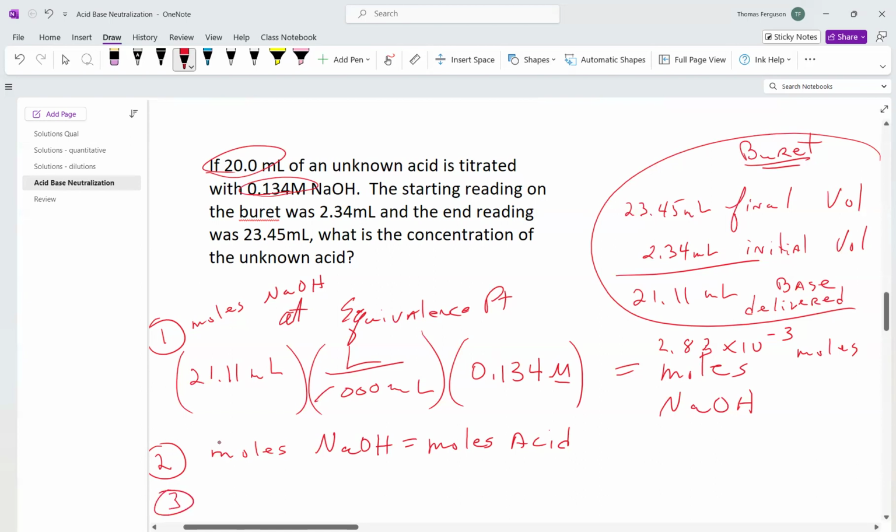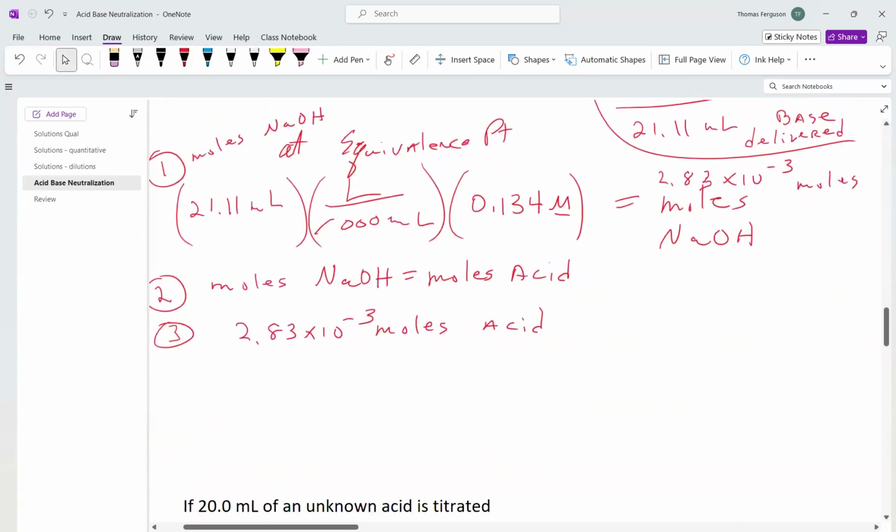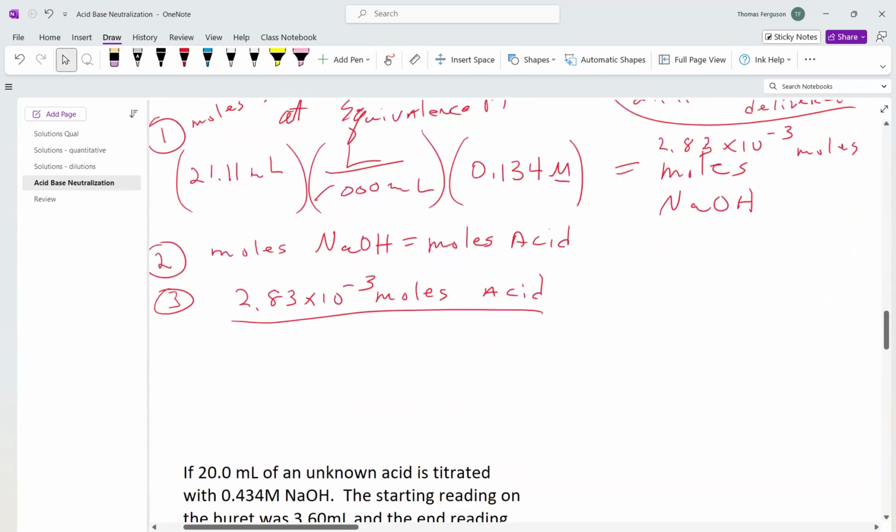So to get the concentration of the acid, we have 2.83 times 10 to the minus 3 moles. And the volume is going to be, it was 20, right? Yeah, 20.